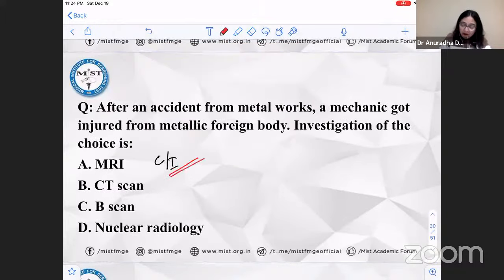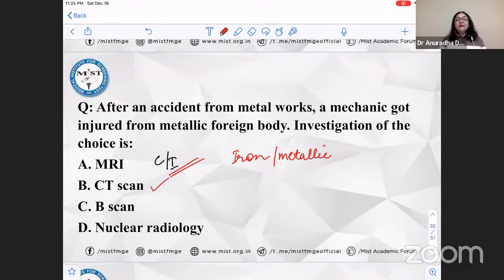You can imagine the reason: if there is a metallic or iron foreign body, it can displace if you take the person for MRI, which uses a magnetic field. So MRI is absolutely contraindicated when you suspect a metallic or iron intraocular foreign body.